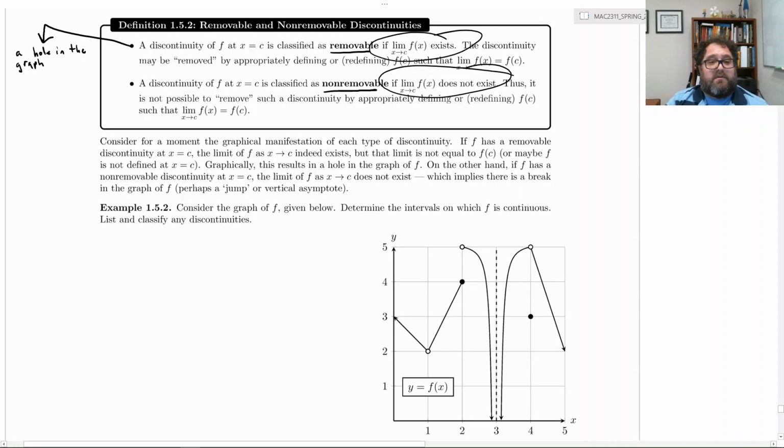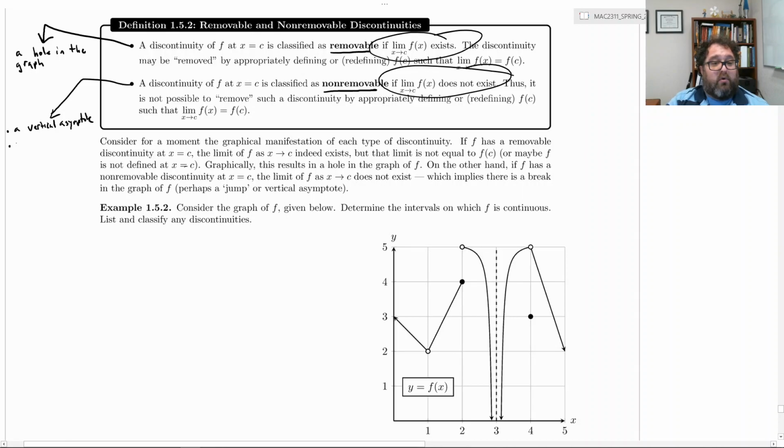Now, there are a few different ways you could have a non-removable discontinuity. You could have a vertical asymptote, because the limit does not exist when you have a vertical asymptote.